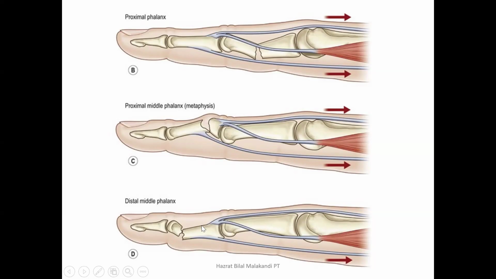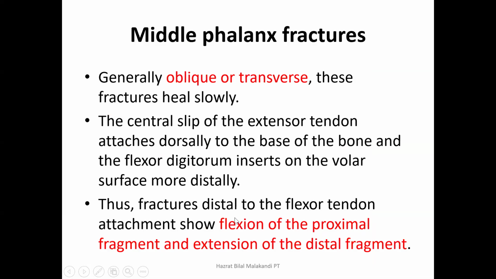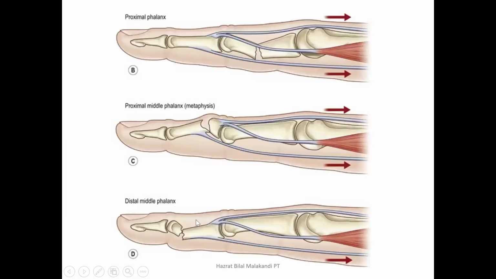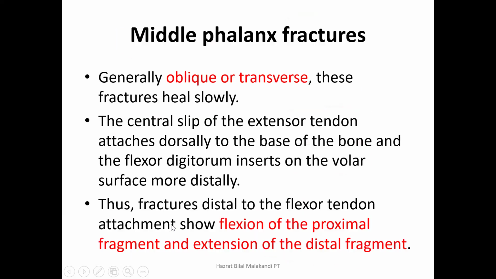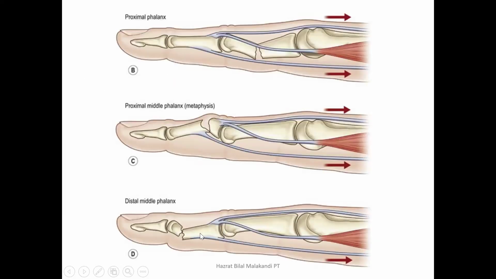And if it is distal to this tendon, there may be an extension deformity, as we can see in this image. So a fracture distal to the flexor tendon attachment shows flexion of the proximal fragment and extension of the distal fragment. We can call that an extension deformity.